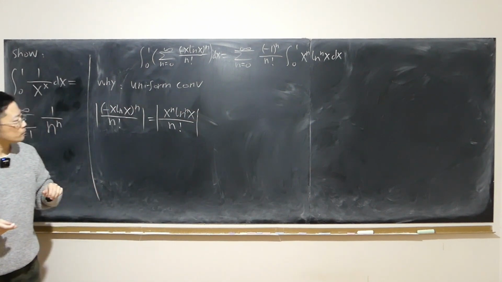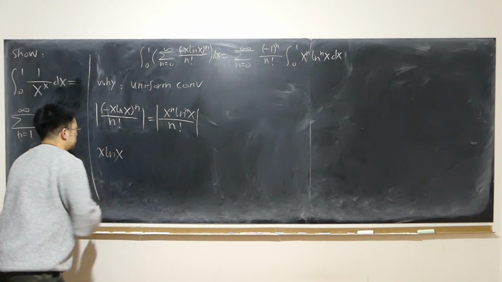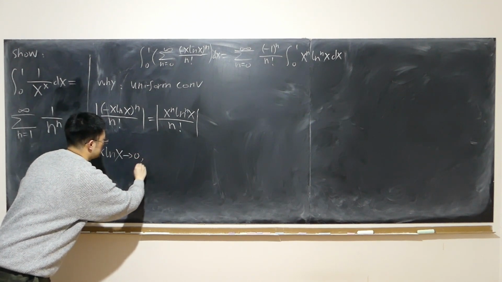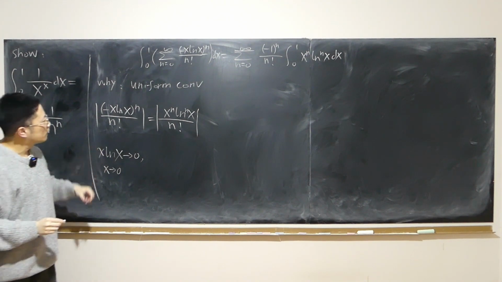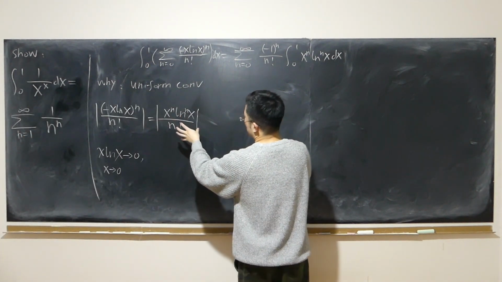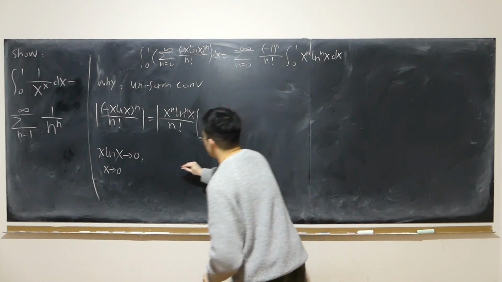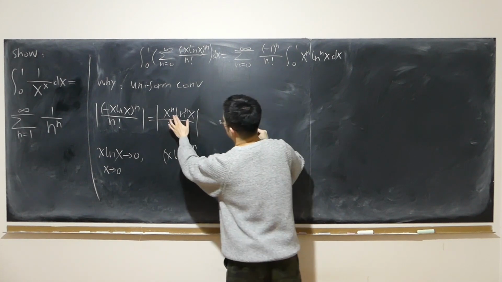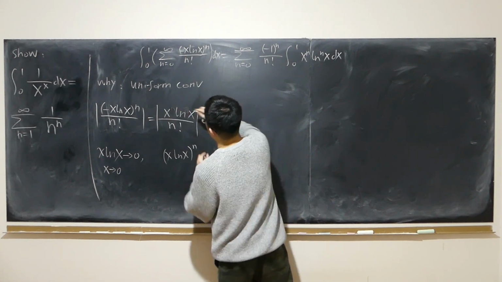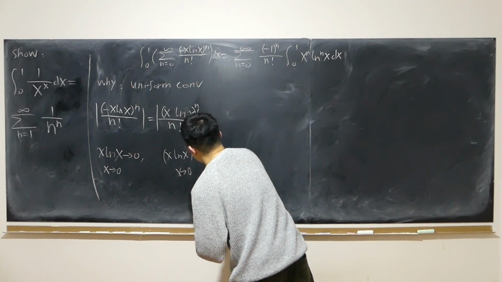Like I mentioned earlier, x times log x approaches 0 as x approaches 0. Using L'Hopital's rule, this is easily verifiable. And therefore x times log x altogether to the power of n still approaches 0.